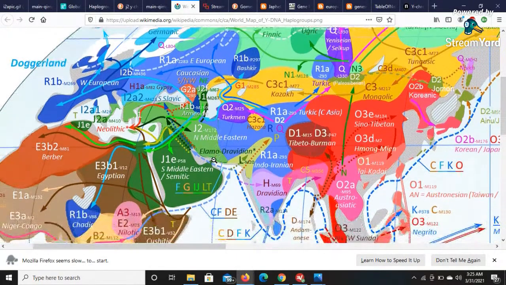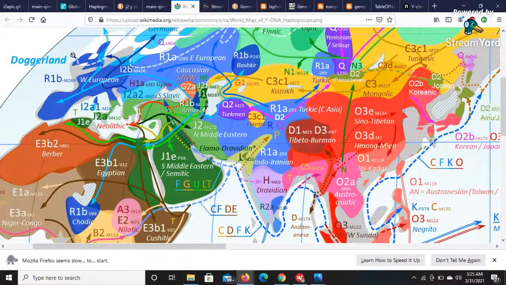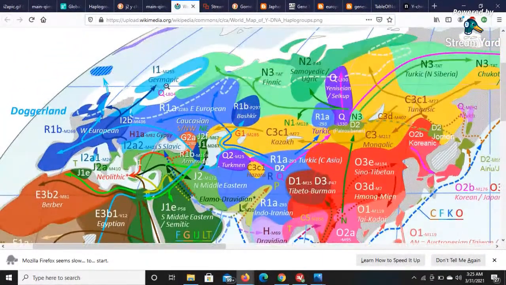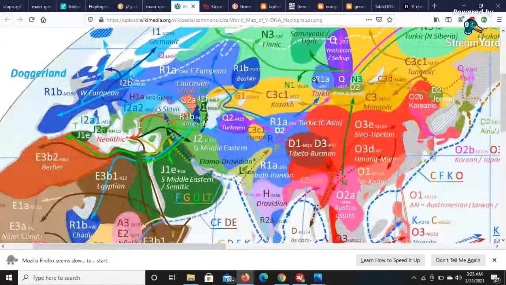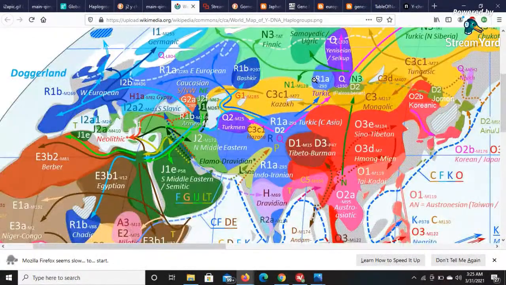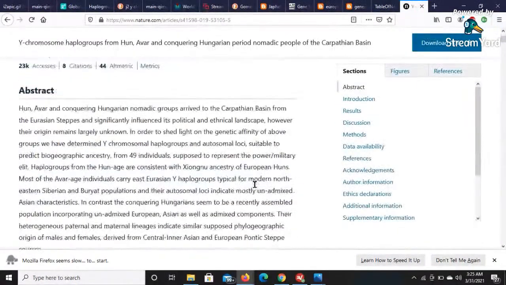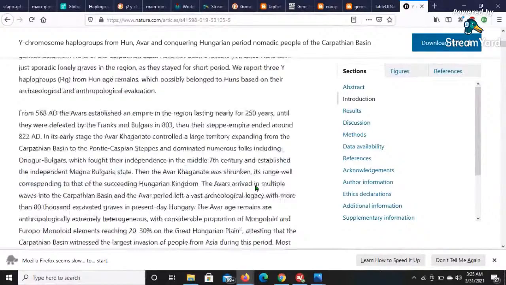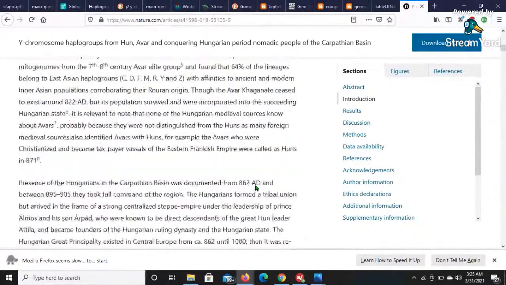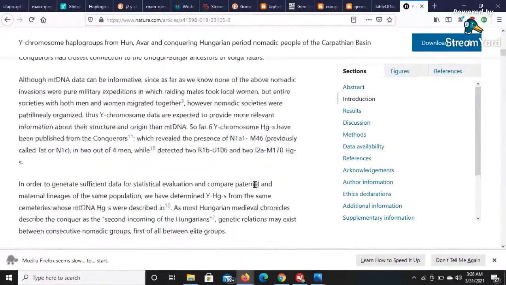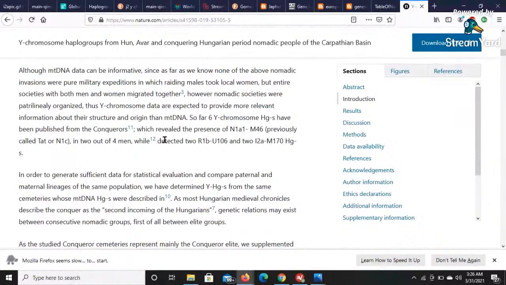Can't you give like a percentage of the population that is R, a percent of the population that is I, another percentage that is N? Come on. I can't even find it. You got to go all the way down here from the conquerors.